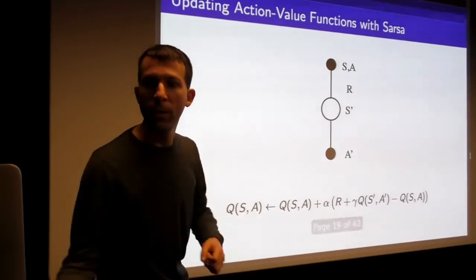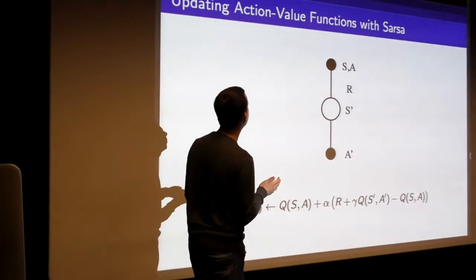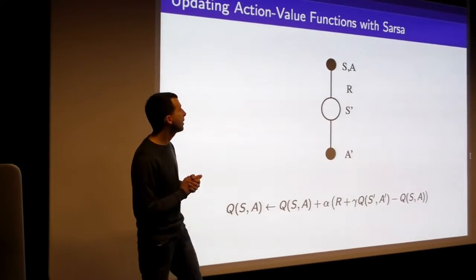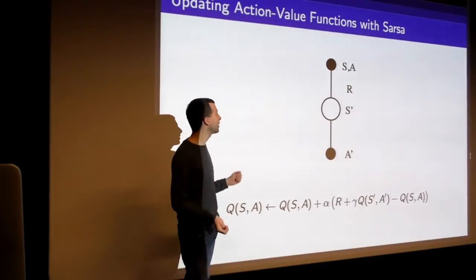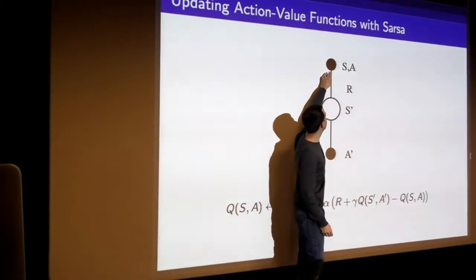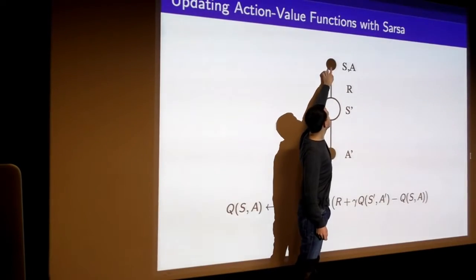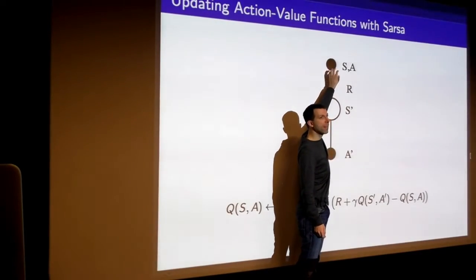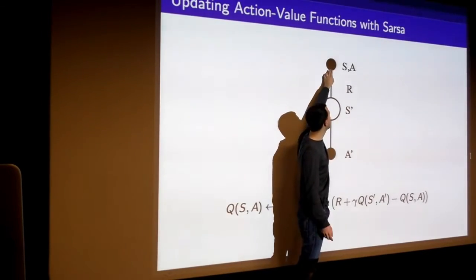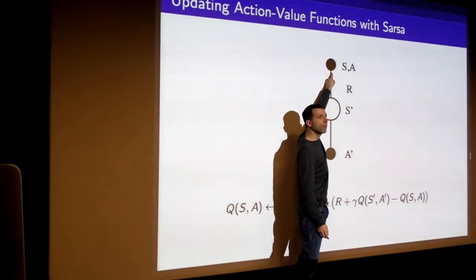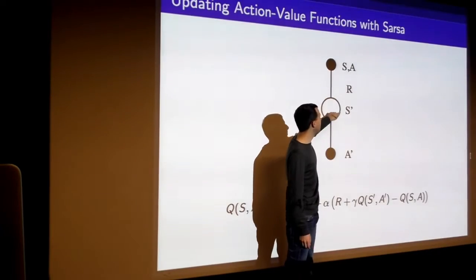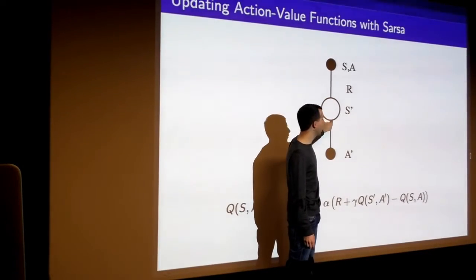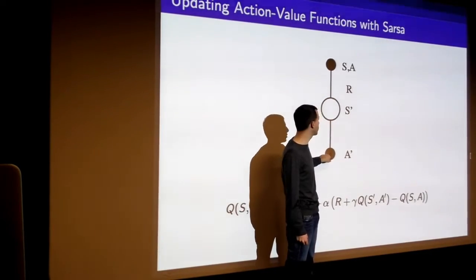Okay? So the general idea is called SARSA. Why is it called SARSA? Well, this diagram should illustrate it. We're starting off in some state-action pair. That's this black dot, a decision node. We're choosing an action, and we see a reward R. We end up in some new state S prime, and we sample our policy again to generate A prime.